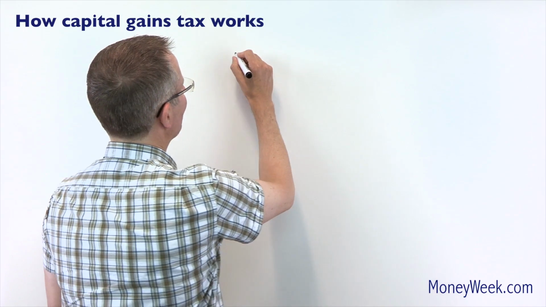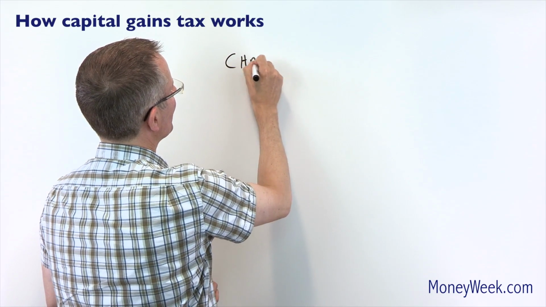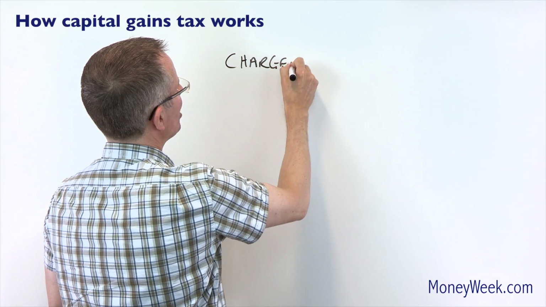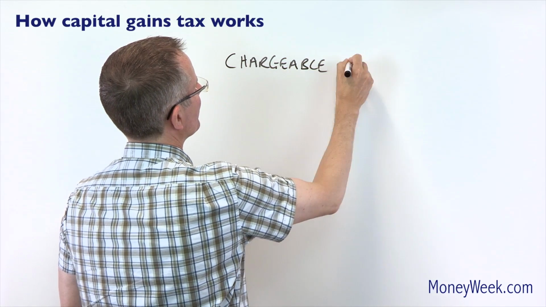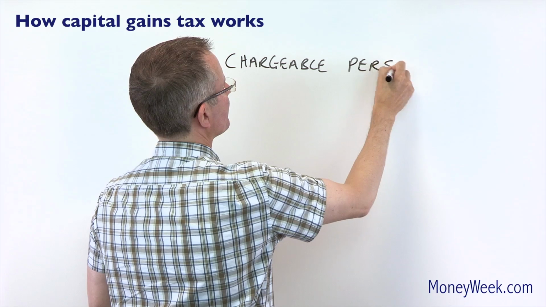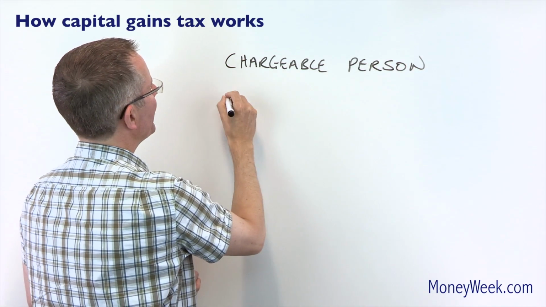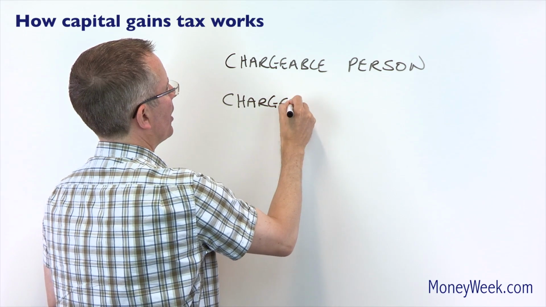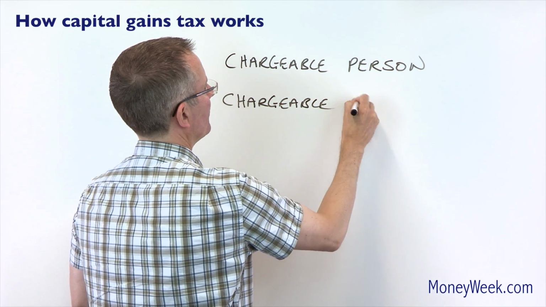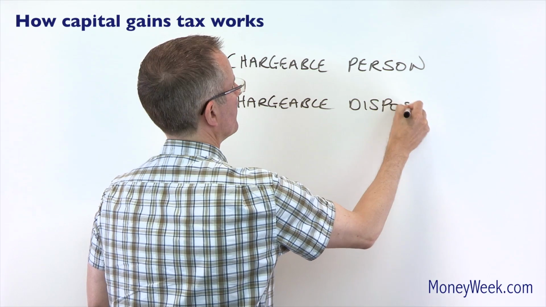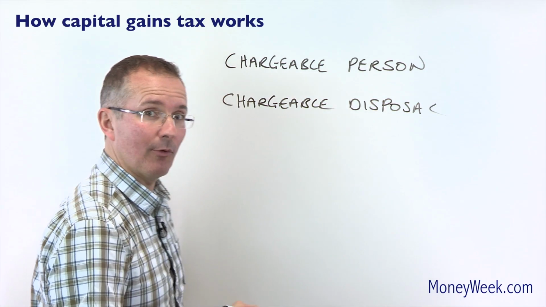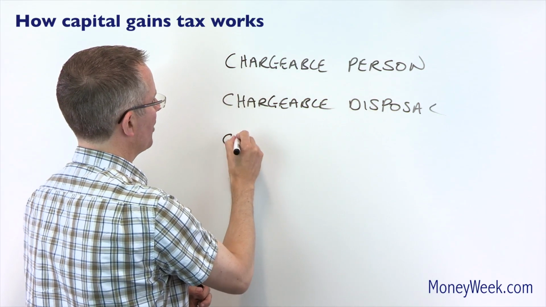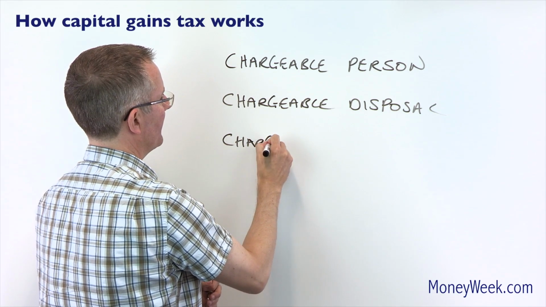Capital gains tax is paid by a chargeable person making a chargeable disposal of, wait for it, a chargeable asset.